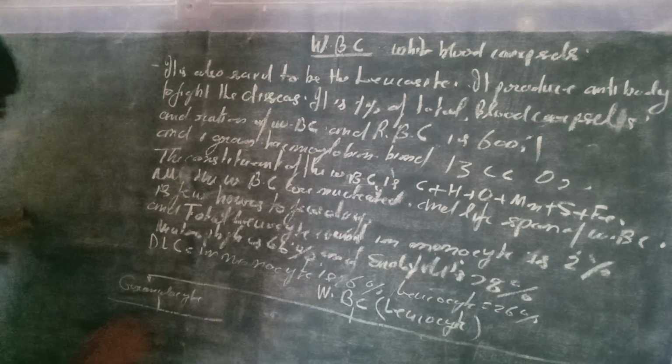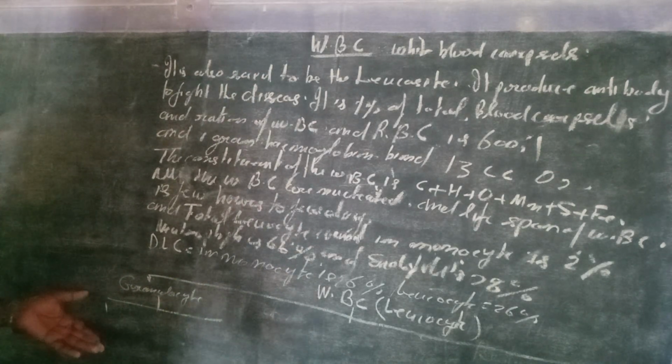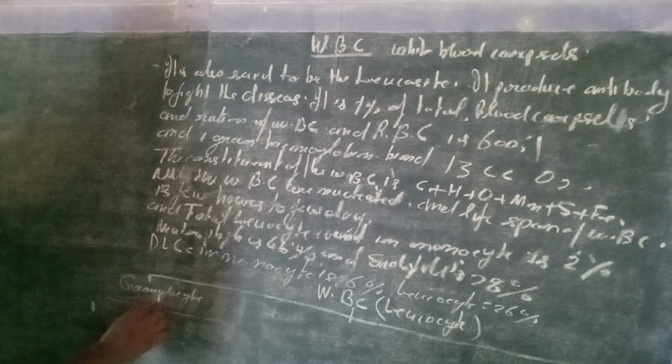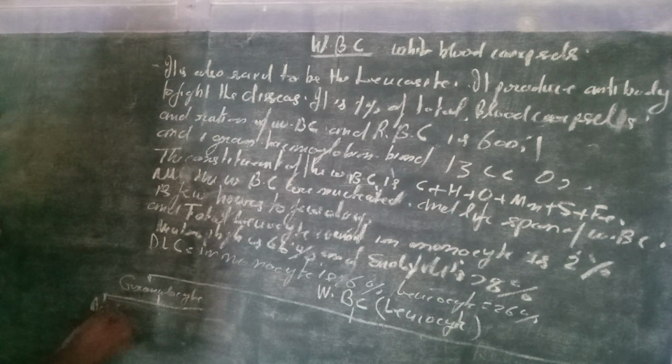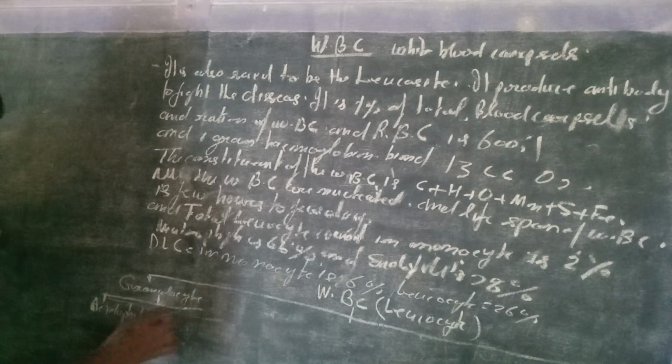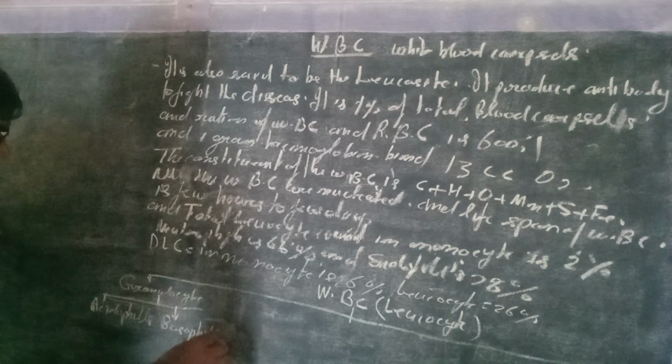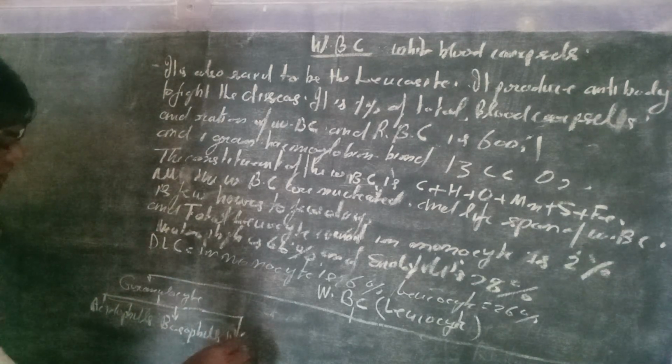Granulocytes are divided into three parts: first acidophils, second basophils and third neutrophils.